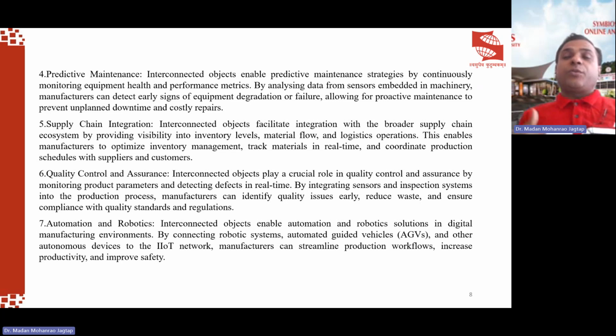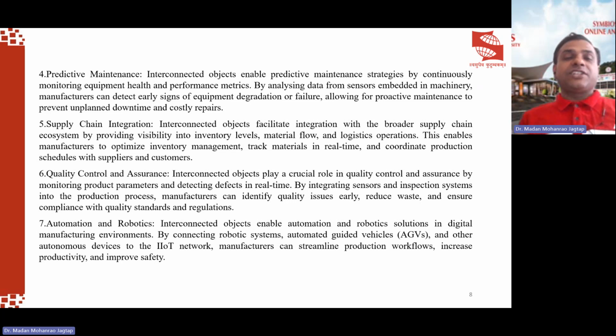So it allows proactive maintenance to prevent unplanned downtime. We can see the downtime and we can prevent that downtime with the help of predictive maintenance done by interconnected objects. And also we can prevent the costly repairs of the machines.